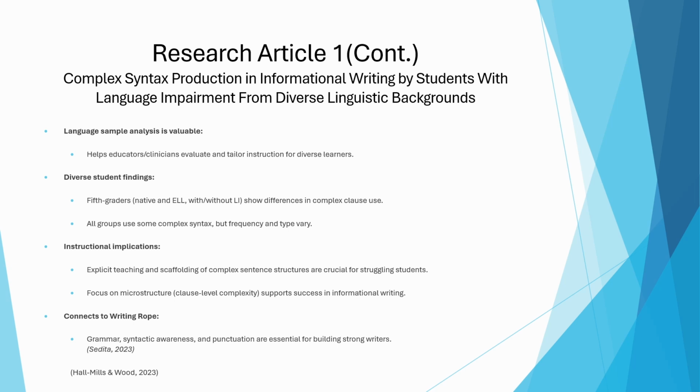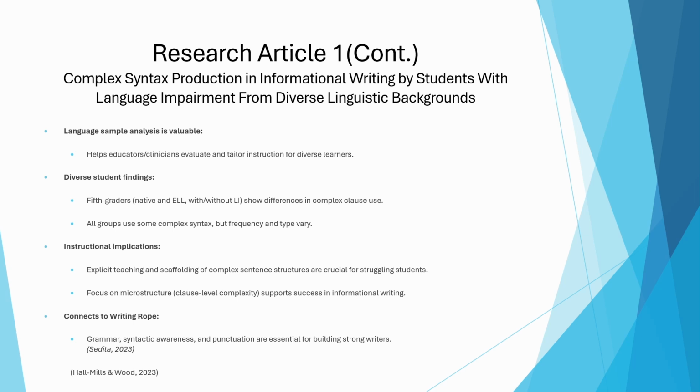These results have important implications for writing instruction. Educators should explicitly teach and scaffold complex sentence structures, particularly for students who may struggle due to language impairment, LI, or limited English proficiency.